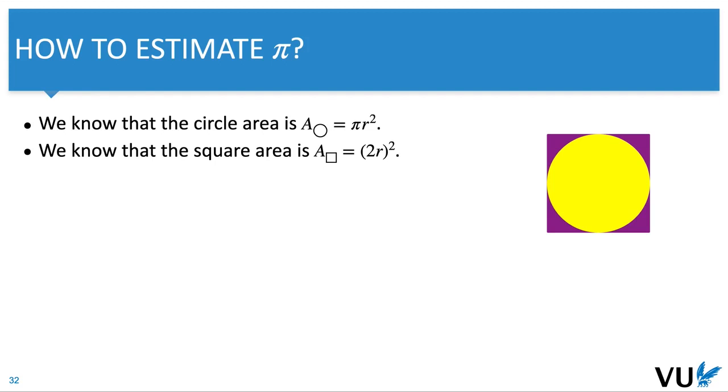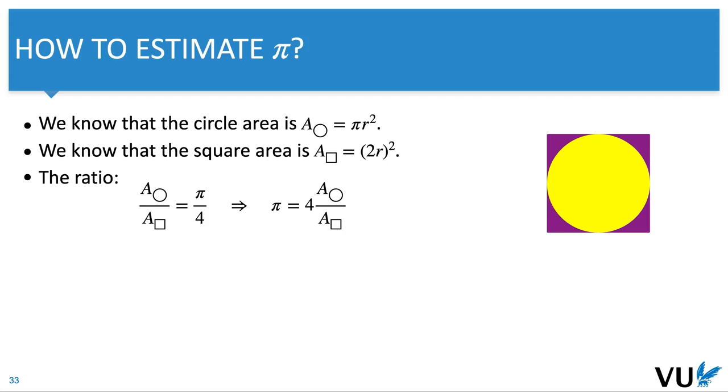Okay. And we know actually, now when the circle is yellow and the square is purple, more or less how to calculate the ratio of these two areas, okay? And the ratio is nothing more than just pi divided by 4. So in other words, pi equals 4 times the area of the circle over the area of the square, all right?